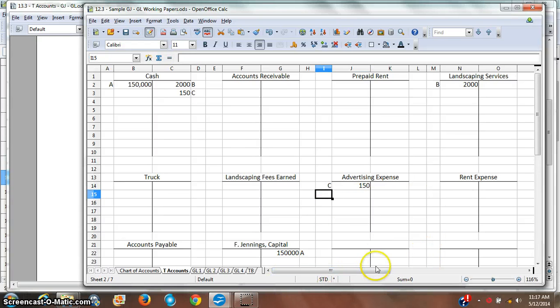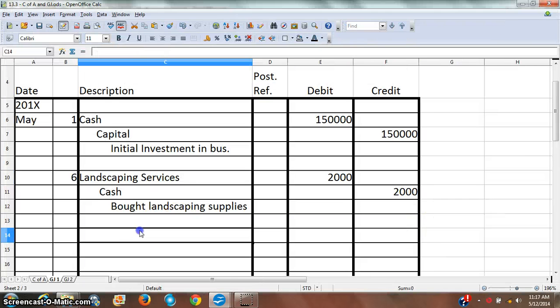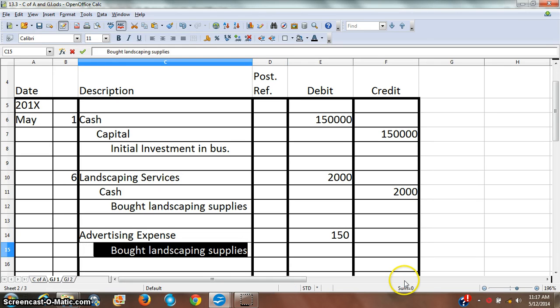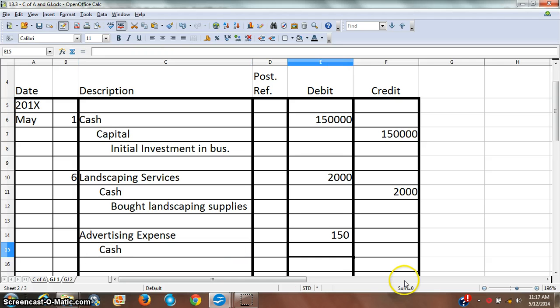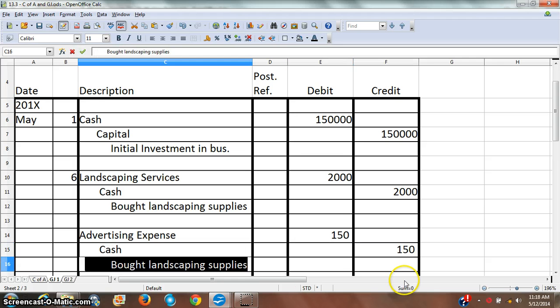So there it is in T account form, and now I'm going to put it on the general journal. Skip over here. Advertising expense is the debit, so I'm going to put that first. And the next account is cash. That one's second. And I'll put a new description here.